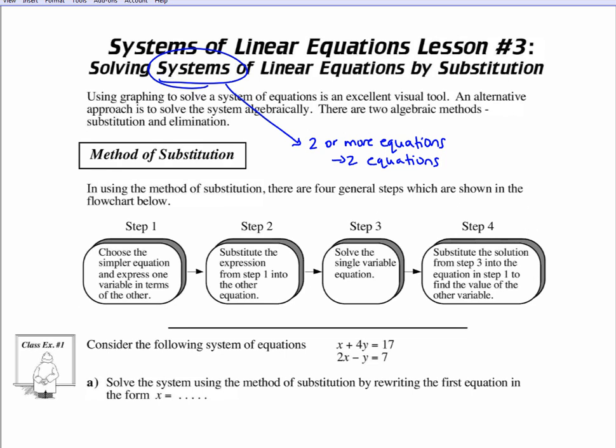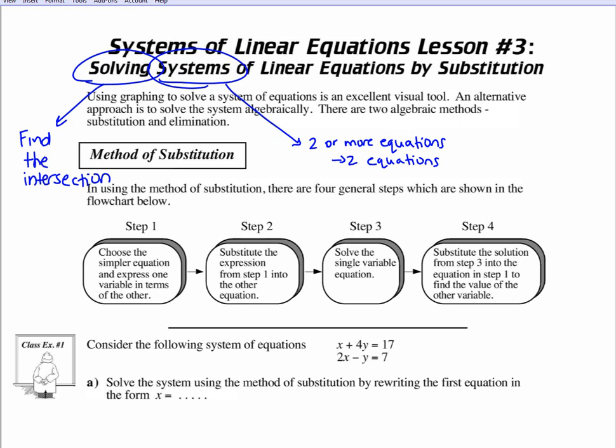So we're going to learn how to actually solve it. What does it mean to solve a system? Look behind me. Find the intersection. The solution is the intersection. So when we have two equations, what's the most important thing about two lines?